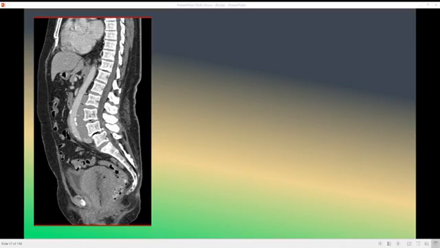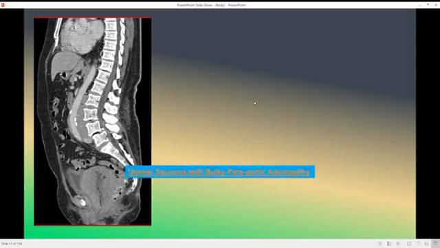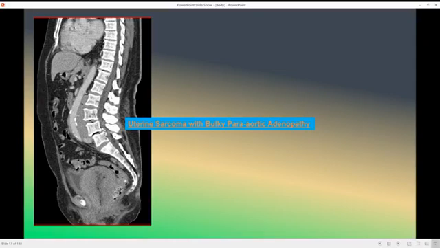We received some answers, but the answers are not correct or partially correct. As we see here in this sagittal reformat image, we have a mass involving the uterus, and we also have a lymph node in the retroperitoneal area, and this is a case of uterine tumor.